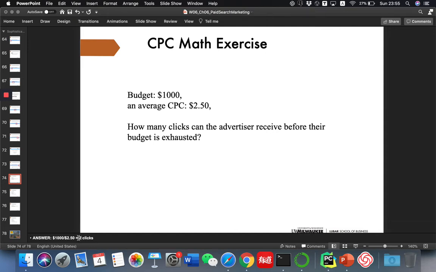Of course we use the budget divided by the average CPC. So we use $1,000 divided by 2.5 per click. We get 400 clicks.